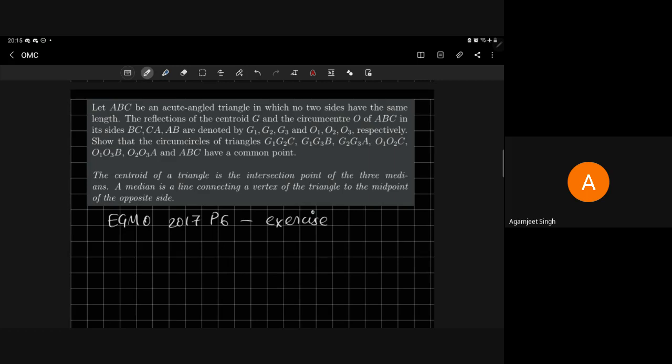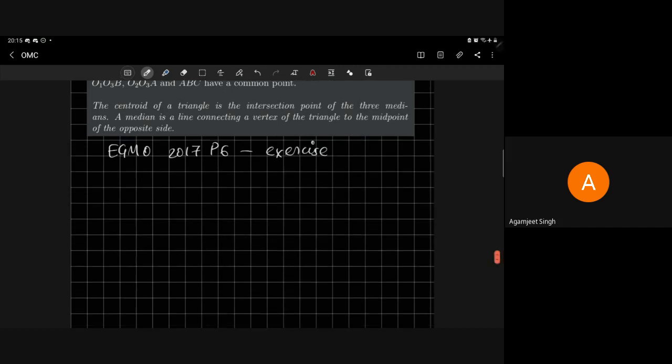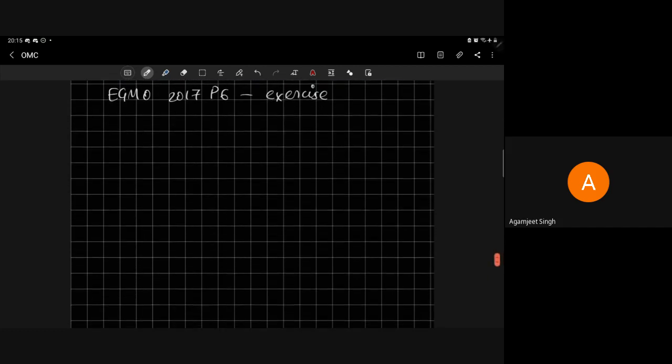Now, just a moment. Yeah, I'll just show one result. So, does anybody know what a Gauss line of a quadrilateral is? Given a quadrilateral ABCD, the midpoints of the diagonals.